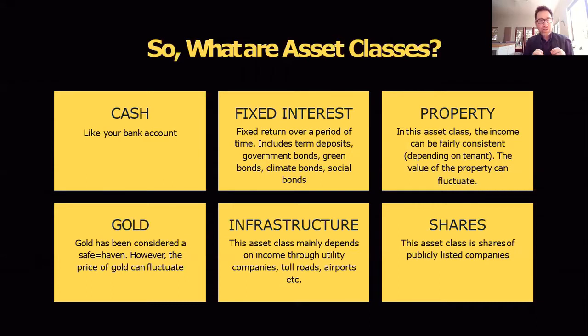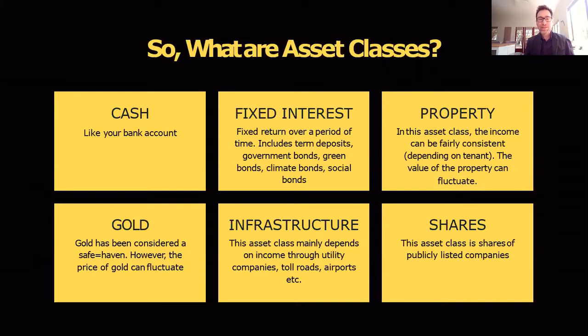Now, I'll just describe a little bit more about each asset class. So cash, that's pretty self-explanatory. It's just like cash in your bank account. It gets the lowest returns, and depending on inflation, you can actually be going backwards. Fixed interest refers to a fixed return over a period of time, and it includes structures like term deposits, government bonds, green bonds, climate bonds, and social bonds.